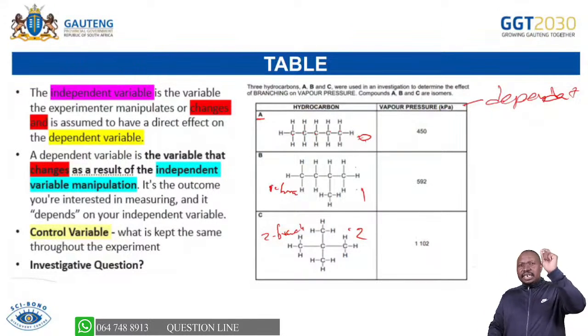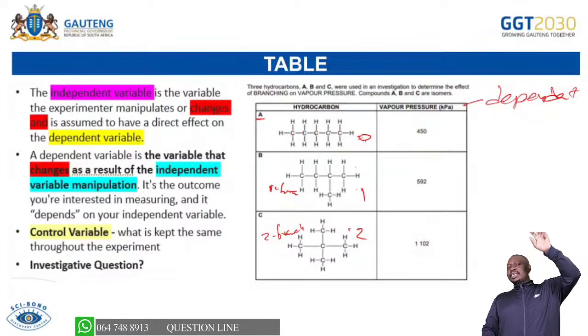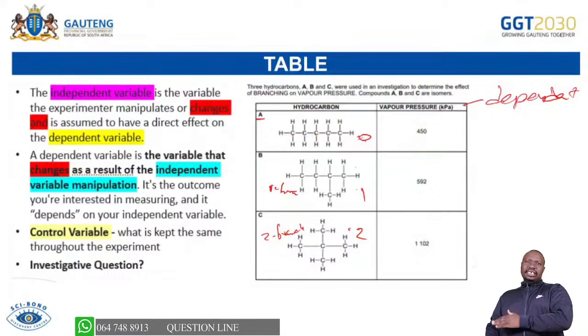As the number of branches increases, you can see that the vapor pressure is increasing. Remember, when vapor pressure increases, it means melting point and boiling point are decreasing. So what does it mean? You know that as we decrease the strength, vapor pressure must increase.